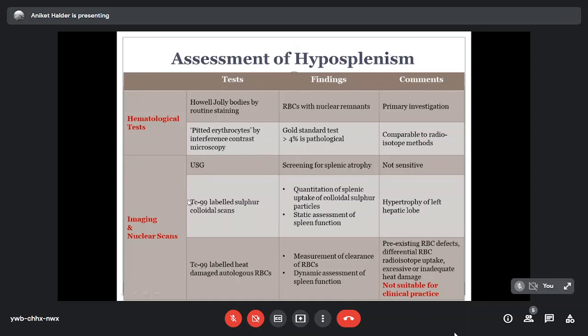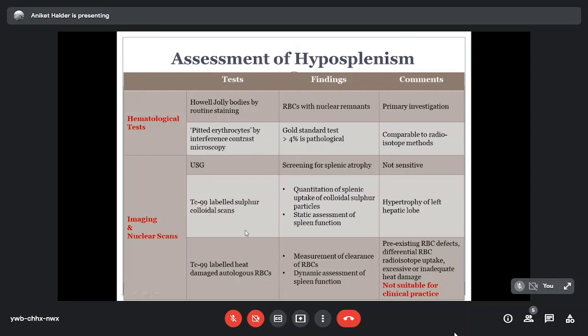Although it is a screening test, atrophic spleens can be picked up by USG, but ultrasonography is usually not a sensitive test for identifying hyposplenism. The other specific nuclear scans are specific tests for identification of hyposplenism, where technetium-labeled sulfur colloidal scans or technetium-labeled heat-damaged autologous RBC transfusion can be done for assessment of hyposplenism.